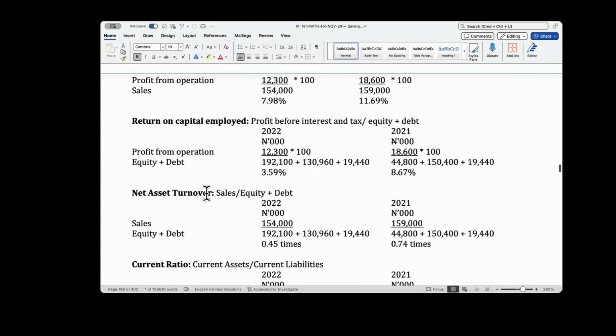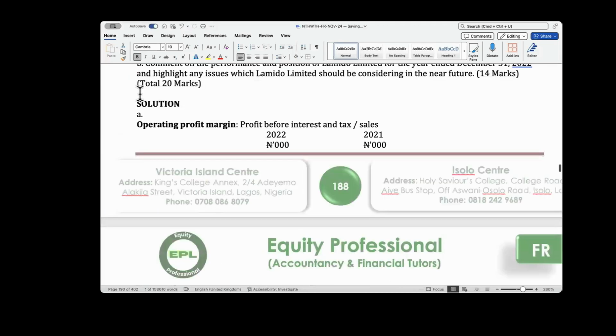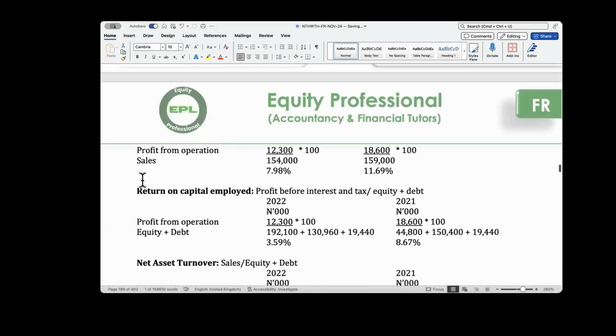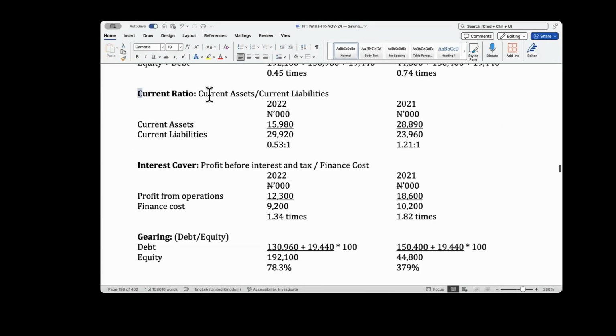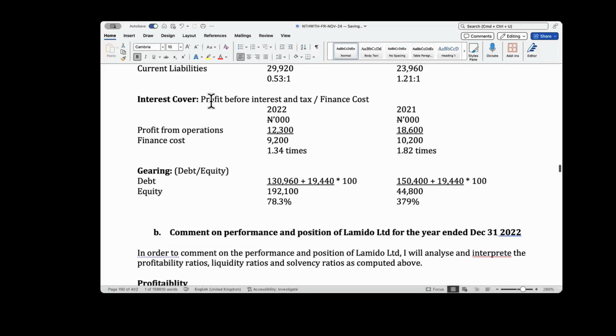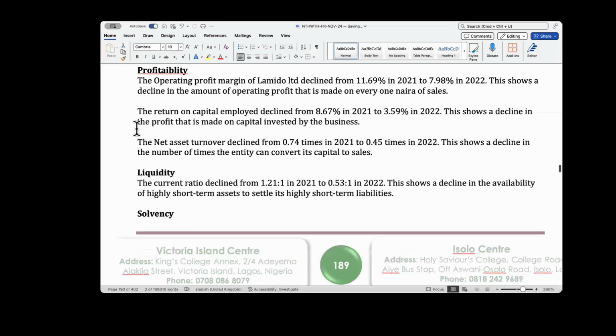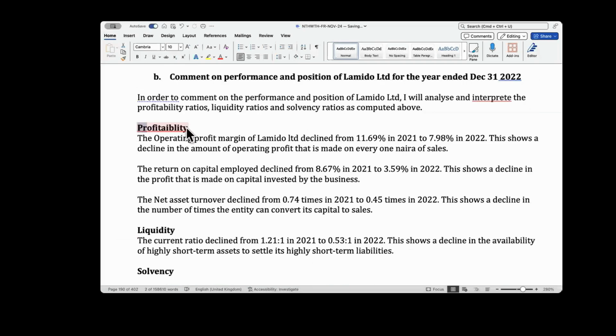From the ratios I computed above, I know that profitability is the operating profit margin and the ROCE, liquidity is just the current ratio, and solvency is interest cover and gearing. So I arranged it that way. This is how to analyze ratios. It's not more than this. Profitability, I said, the operating profit margin of Lamido declined from 11.69% in 2021 to 7.98% in 2022.